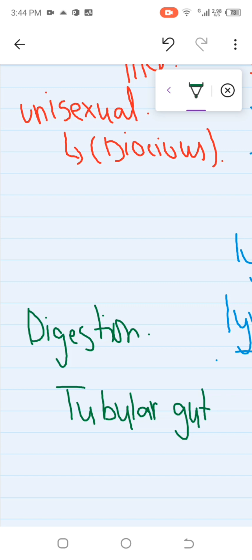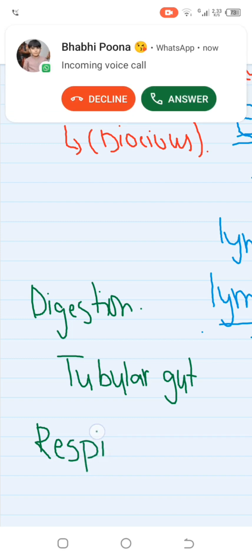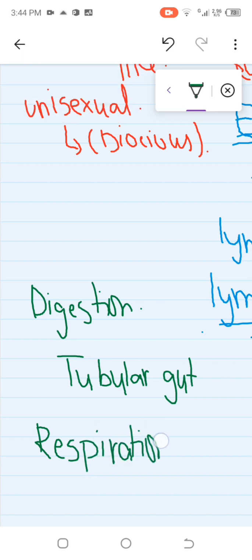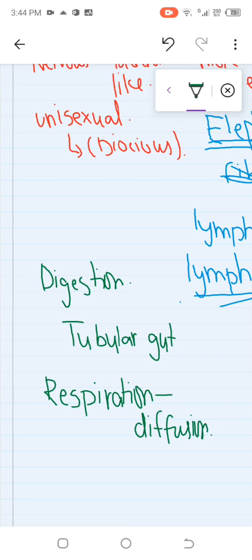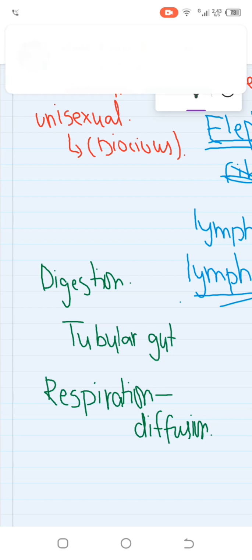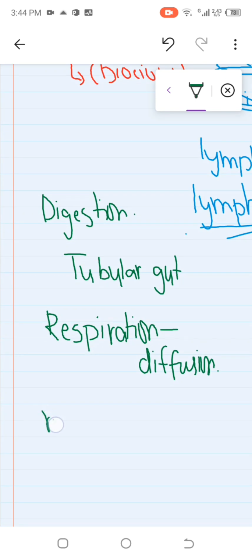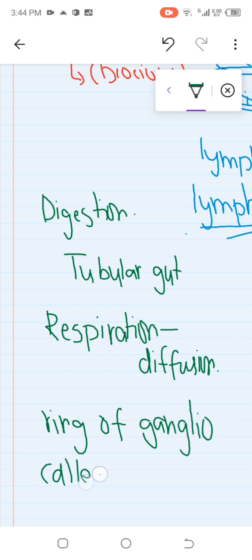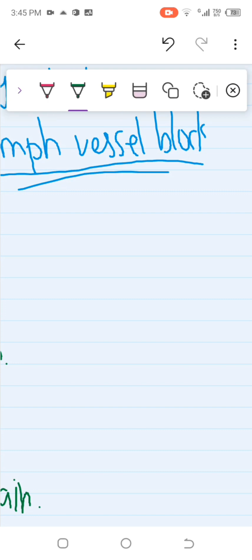For respiration, only diffusion occurs. For transport, no system is found, so no transportation takes place. Excretion takes place through the excretory system. The nervous system is composed of a ring of ganglia, called a simple brain.